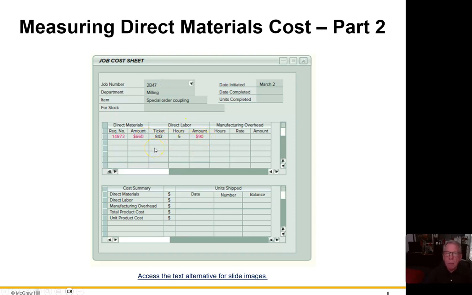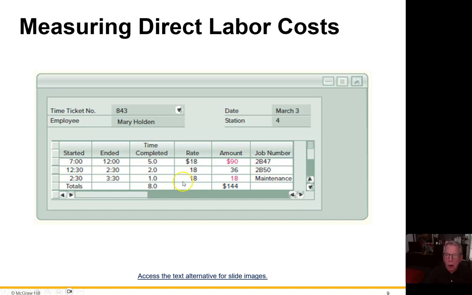And now we'll take a look at the labor cost. Here's the time ticket for Mary Holden. She starts work at 7 o'clock. She works till 12, then she has lunch, and then she comes back at 12:30. She finishes at 2:30, and then she works again from 2:30 to 3:30 for a total of 8 hours.